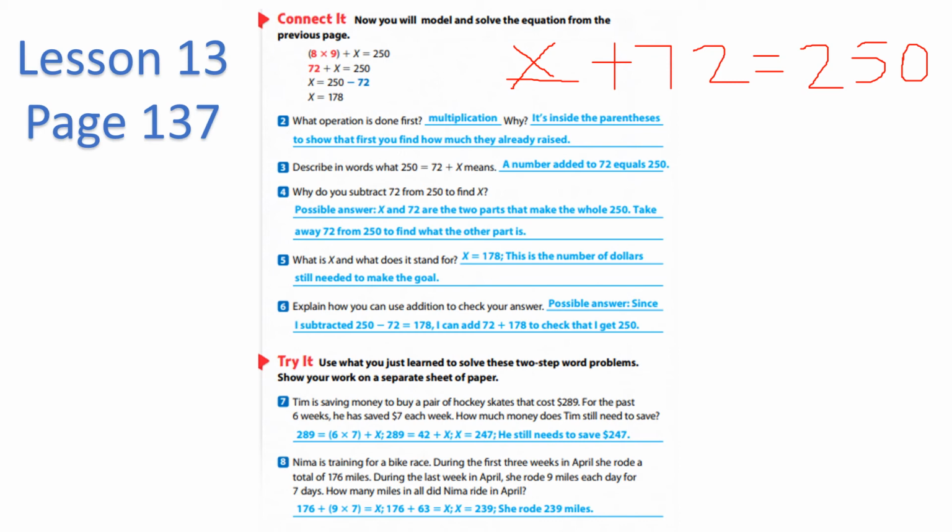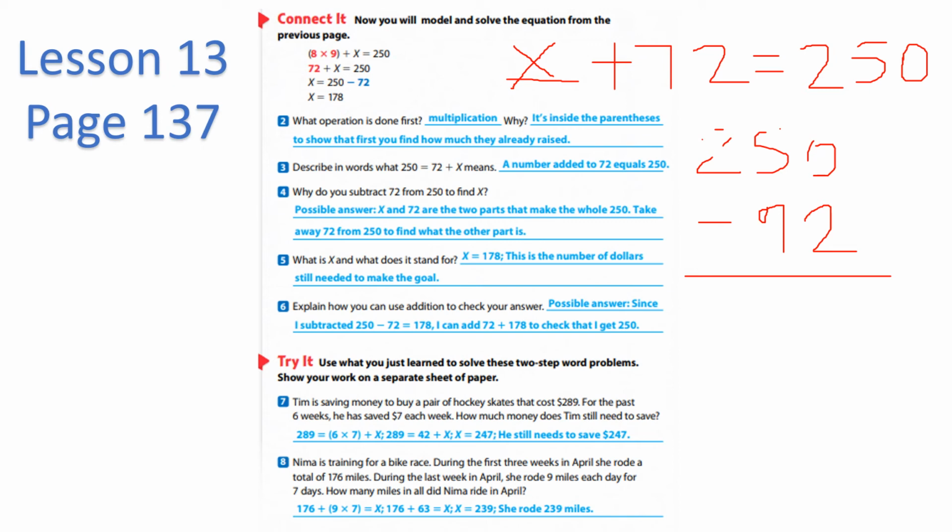So if we were doing what they're explaining in number 4, we would have been thinking about it like this: 250 minus 72. And we know that the difference we would come up with would be the part that was unknown.